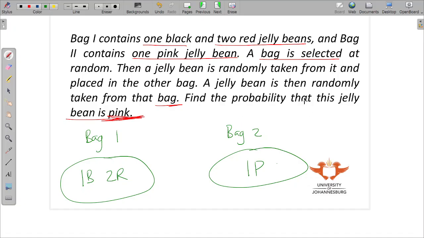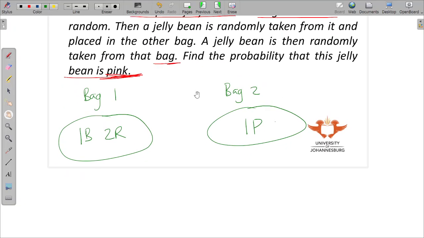We want to find the probability that this bean is pink, but we are also selecting the bag. This is very important. To select a bag, what is the probability of selecting a bag? There are 2 bags, so the probability of selecting the first bag is just 1 over 2.